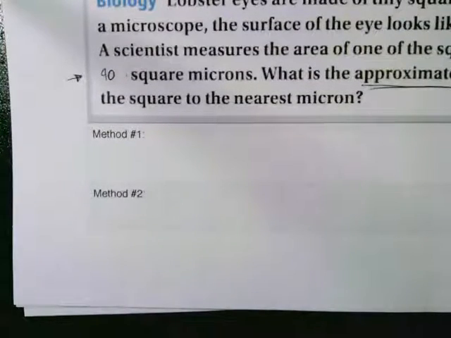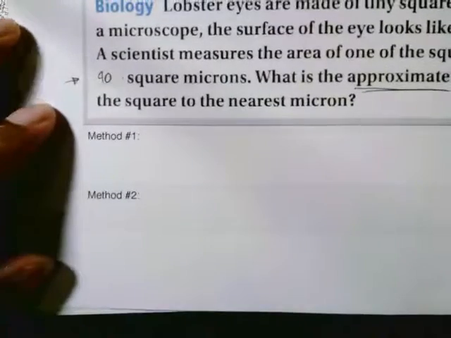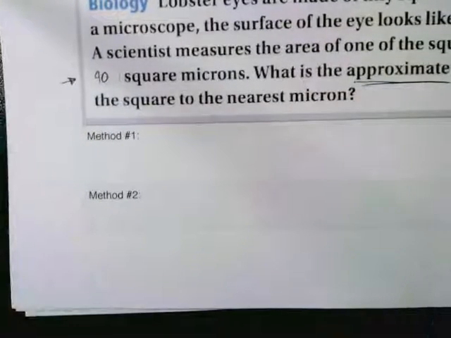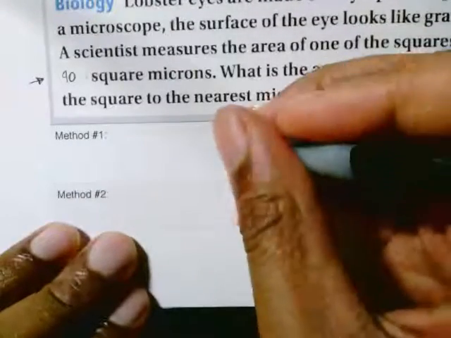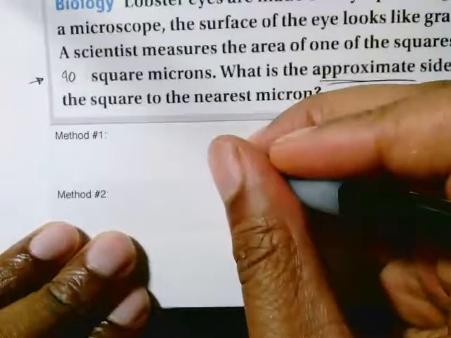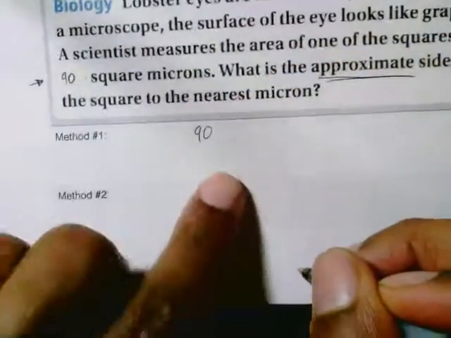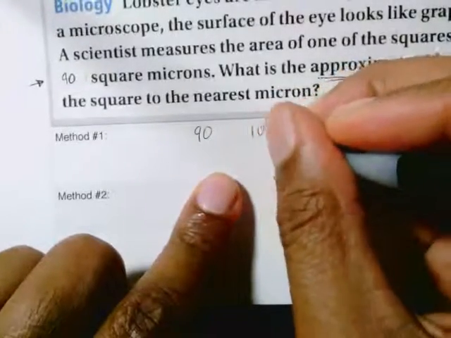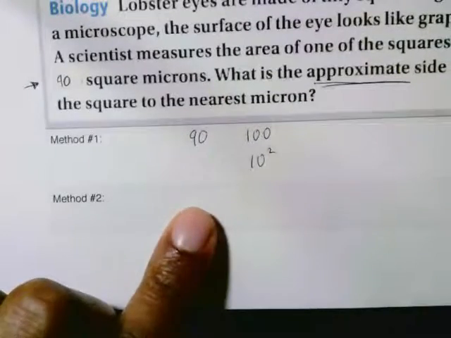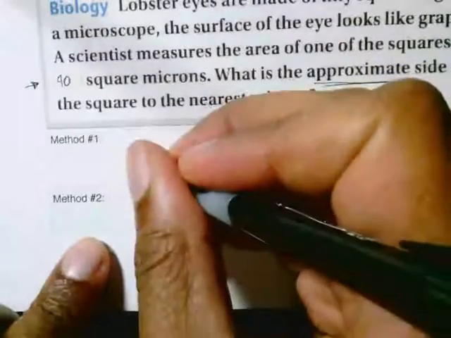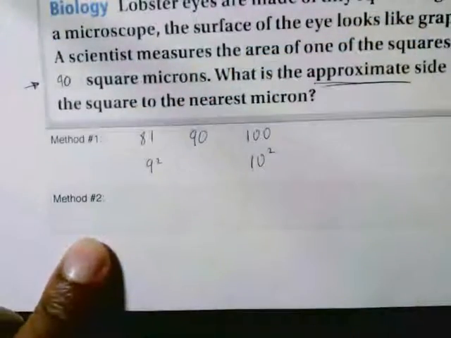I'm looking at it, and I'm going to put 90 in the middle. I know that 100 is 10 squared, and 9 squared is 81.